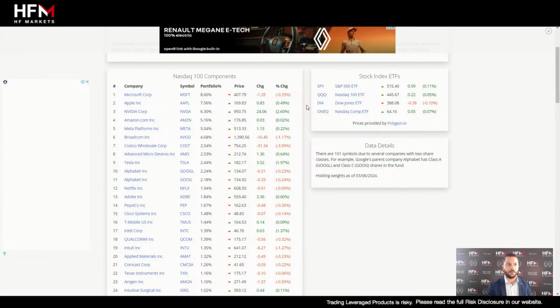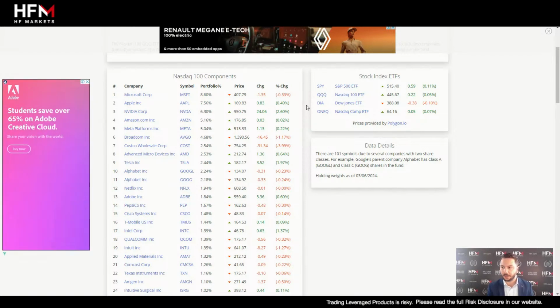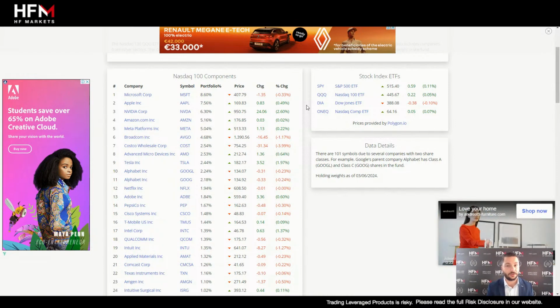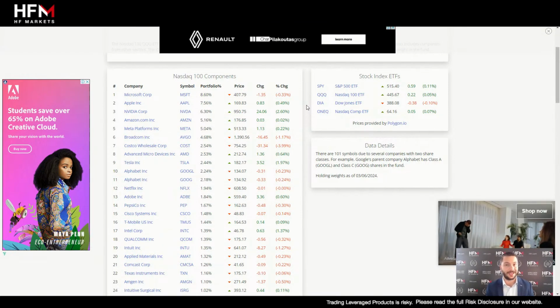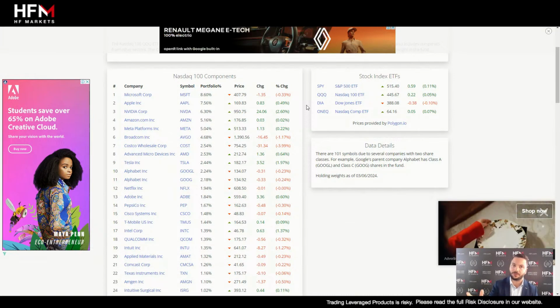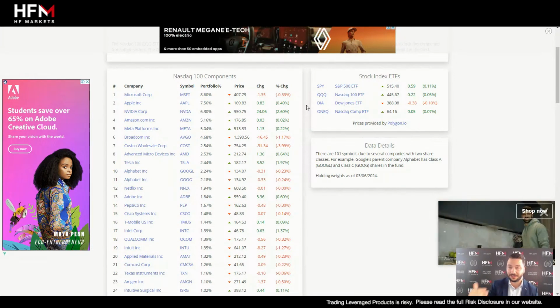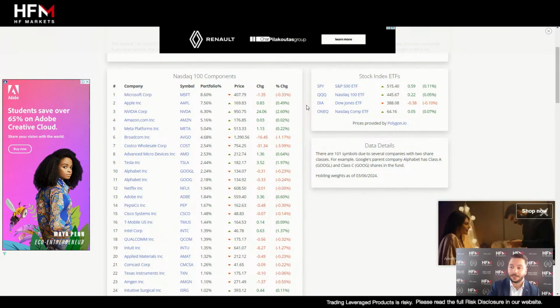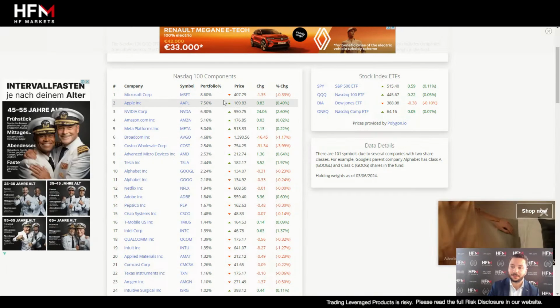Now, what exactly does the weighted method mean? It doesn't mean that there's 101 stocks and all of those stocks are equal. That is something extremely wrong, and you'll struggle to analyze and predict and determine how the NASDAQ is going to move if you're looking at analysis in that way. The NASDAQ is priced using the weighted method. So it means certain stocks are more influential.